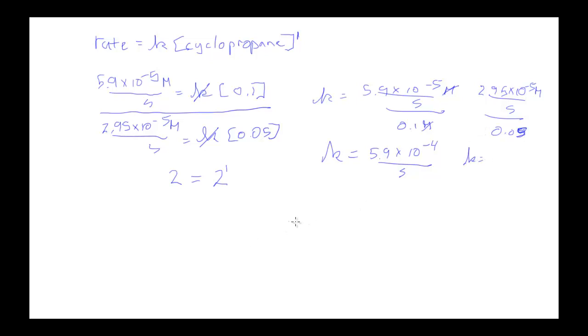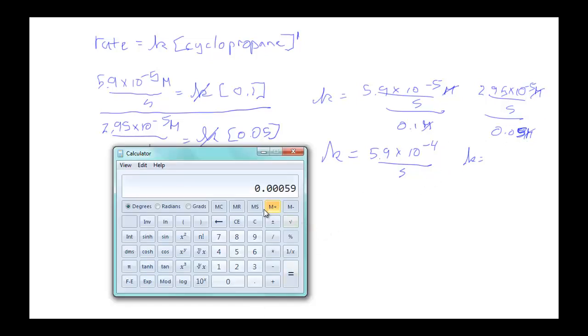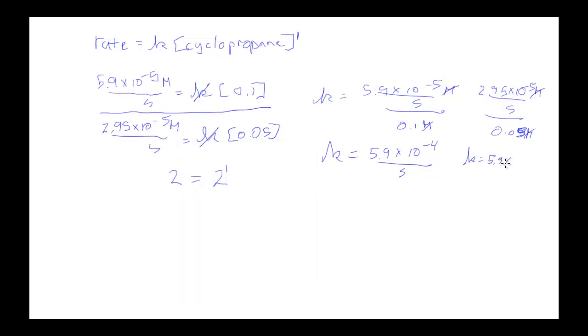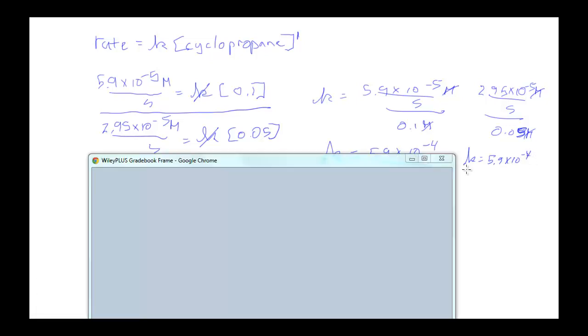K in this case would be, the molars cancel out again, 2.95 times 10 to the minus 5 divided by 0.05. Again, we get 5.9 times 10 to the minus 4 per second.